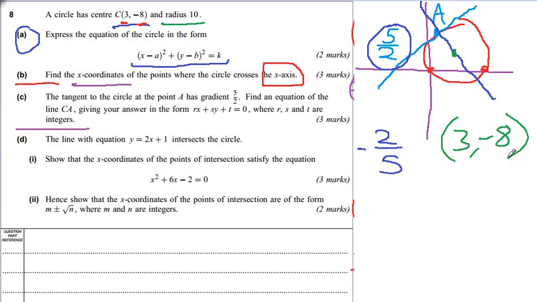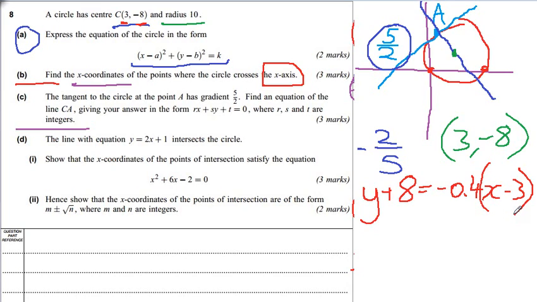So let's put that in with the formula that we all know, we've all used 100 times, which is y minus y1, y minus 8, so y plus 8 equals minus 0.4 or minus 2 over 5 if you like. I like decimals, so I'll use that. X minus x1, which is x minus 3.